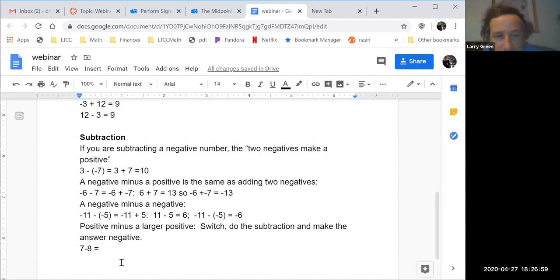So don't forget, what we do is we switch. 8 minus 7 is equal to 1. And then we make it negative. So the answer is -1. Any questions at all on subtraction? Unless I missed something, I think that's all the different possible examples of the basic ones.